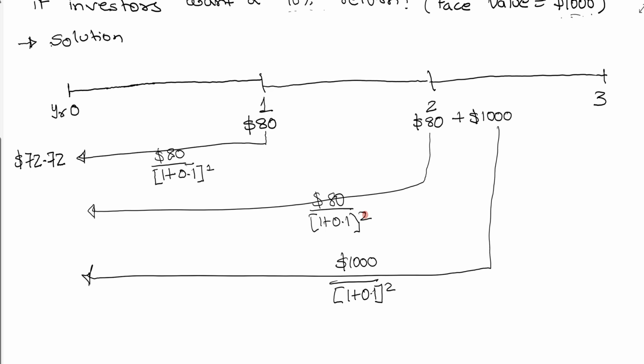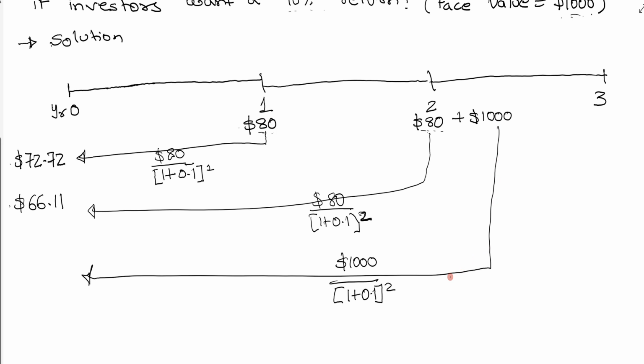It's going to be discounted for 2 time periods because it occurs after 2 years, and that value is going to be even lower than the earlier one, which is $66.11. So notice, though this is 80 and this is also 80, in present value terms, this 80 is valued far higher than this 80, because this 80 is occurring 2 years down the road, and hence it's valued lower than the 80 that occurs after 1 year.